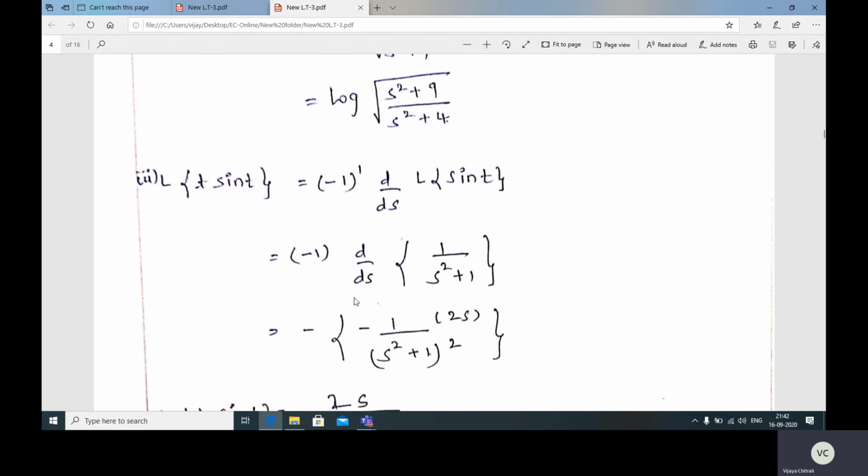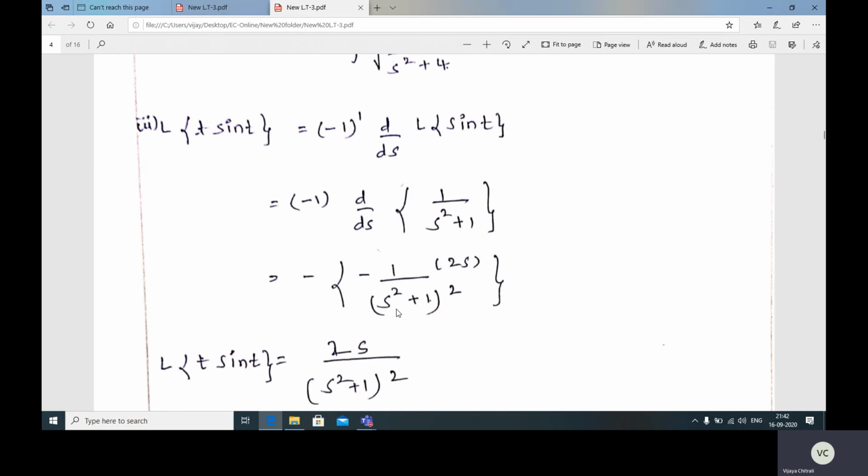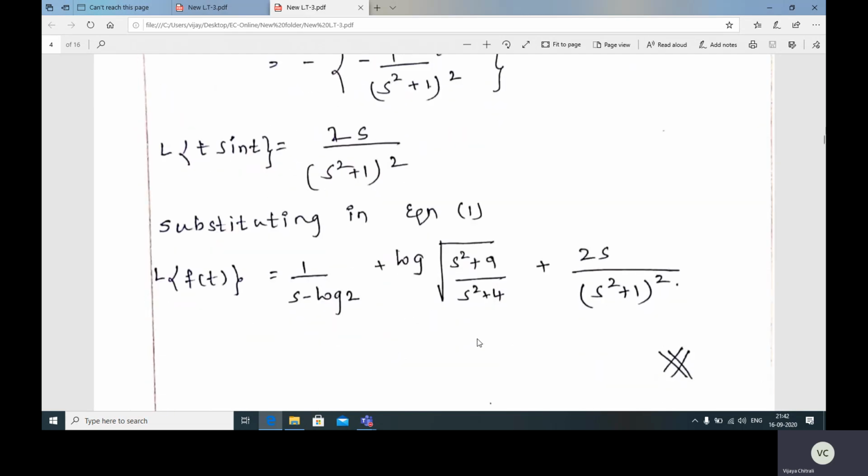So d by ds of this, minus will be as it is. Derivative of 1 upon s square plus 1 is minus 1 upon s square plus 1 raised to 2 into 2s, right? So this minus into minus is plus 2s divided by s square plus 1 raised to 2. So this is Laplace transform of t sine t.